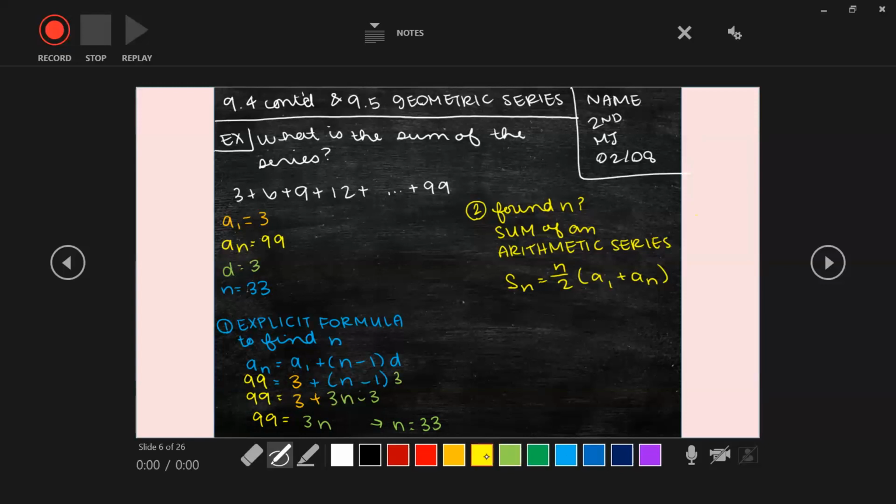So if I'm looking at summation notation, I'm going to substitute all of my n's with that 33. Where I have 33 over 2 times 3 plus whatever my a sub n is, which is going to be 99.